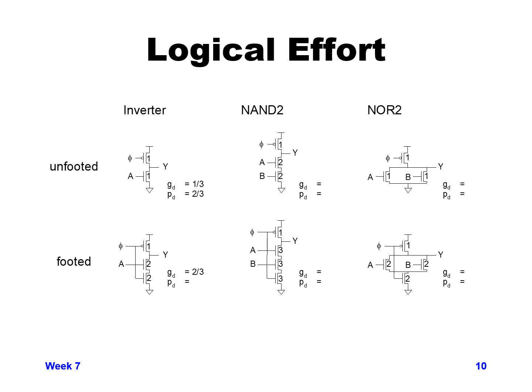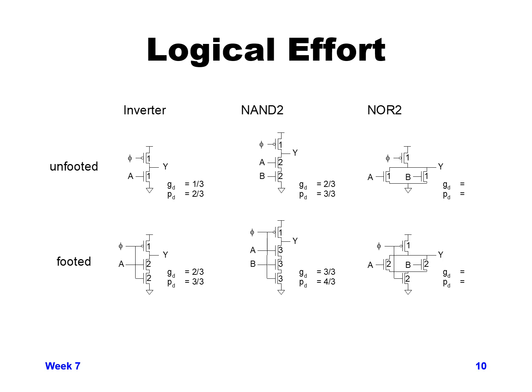For the footed stage, we have G is 2 over 3 and P is 3 over 3. For the NAND 2 unfooted, the G is 2 over 3 and P is 3 over 3. For the NAND 2 footed, we get 3 over 3 and 4 over 3.